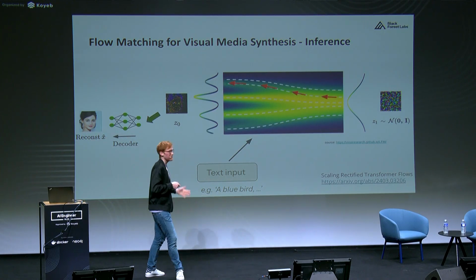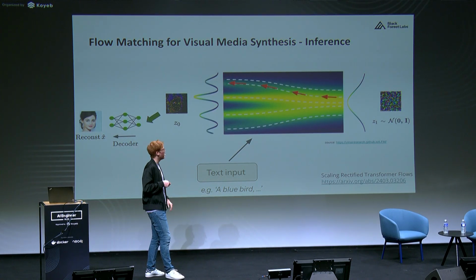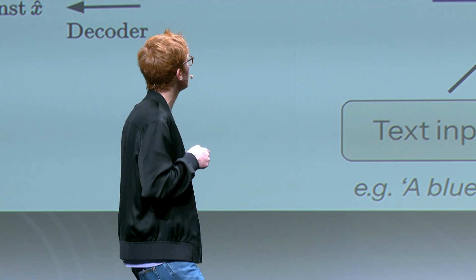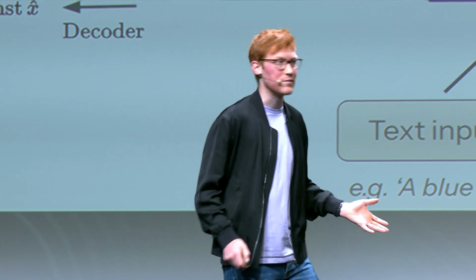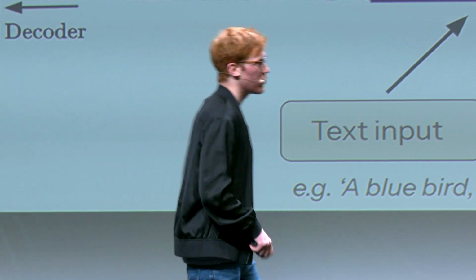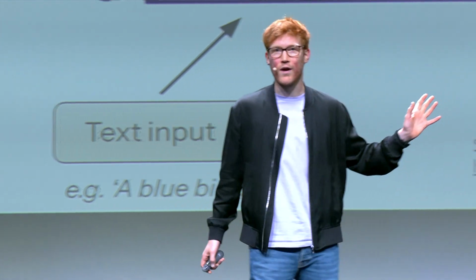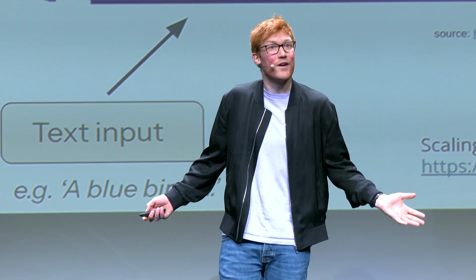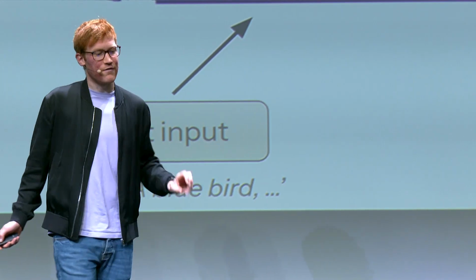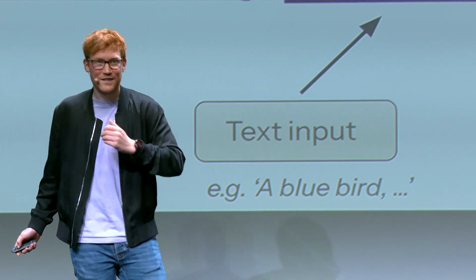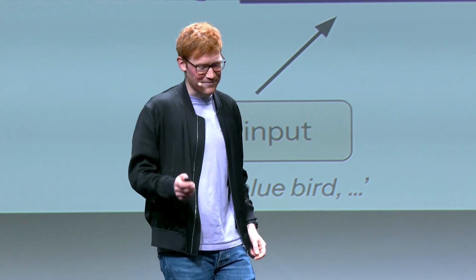And like this, in more or less 50 steps, we arrive from a sample from this easy distribution at a sample from the data distribution that we then again push through the decoder, and we arrive at a generated image in the end. So this is the flow matching algorithm combined with this latent generative modeling.